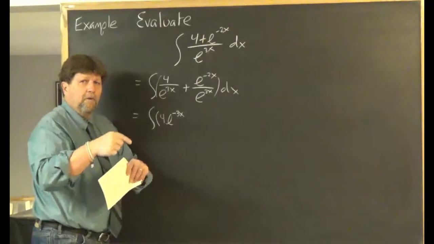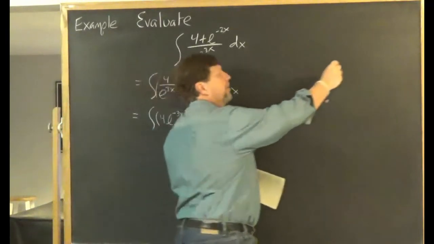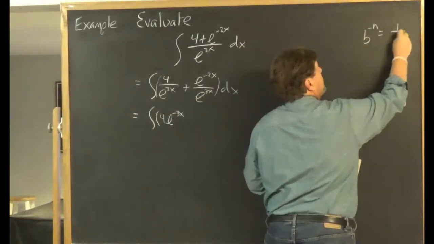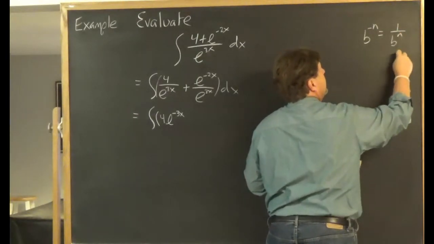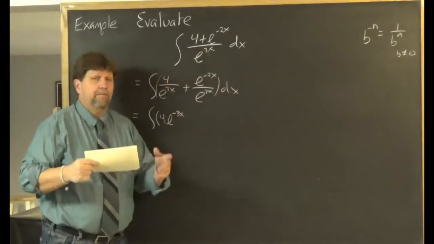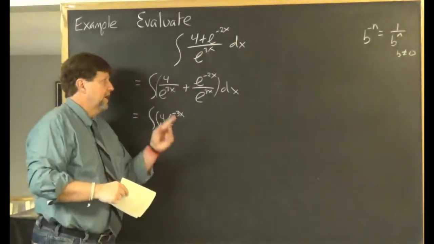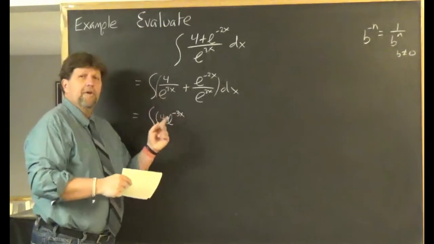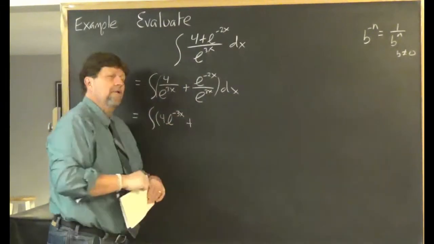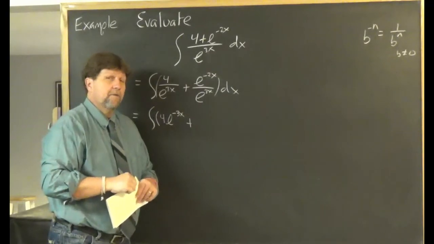Remember, there's that old property of exponents. I'll just review it real quick: b to the negative n is 1 over b to the n, as long as the base isn't 0. That's how we get rid of negative exponents. Well, I'm just using that in reverse. And then e to the negative 2x over e to the 3x.